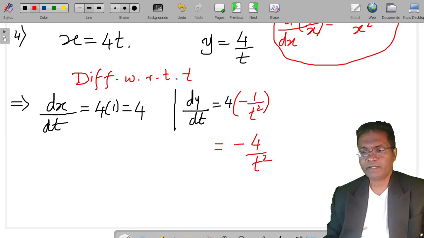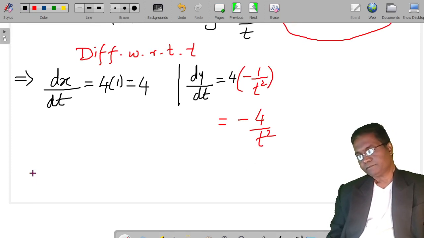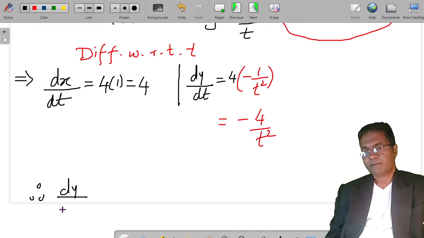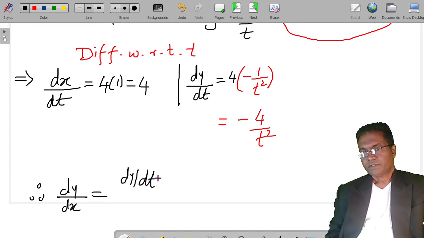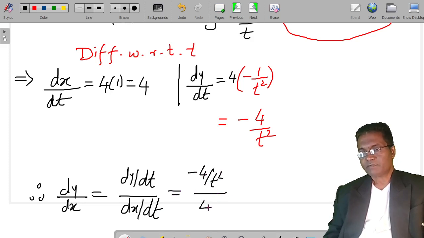Okay, this is divided by dt. Now substitute. Therefore, we are interested in dy by dx, which is dy by dt divided by dx by dt. We have minus 4 by t square, whole divided by 4.